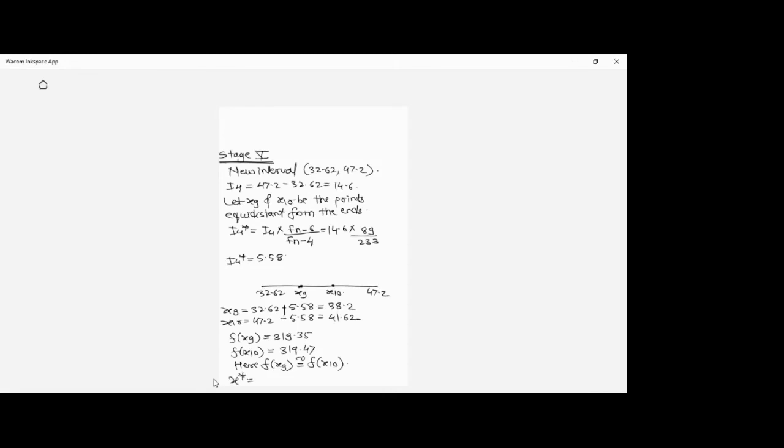X star value will be the average, I'll be writing it, 38.2 plus 41.62 divided by 2. The value of x star comes out to be 39.91. Similarly, we can find out f of x star, and that value comes out to be 319.99.